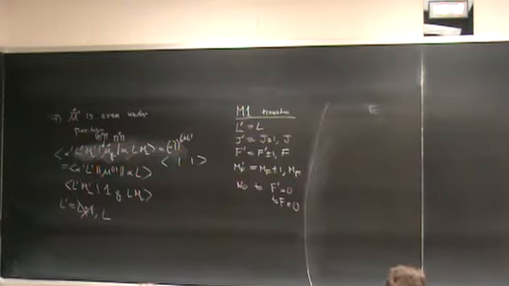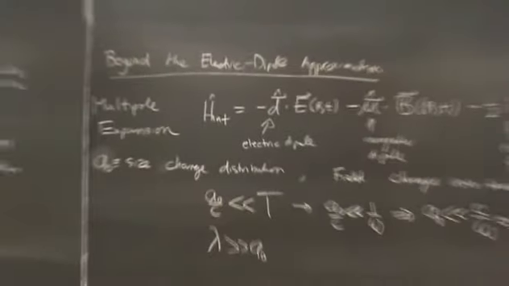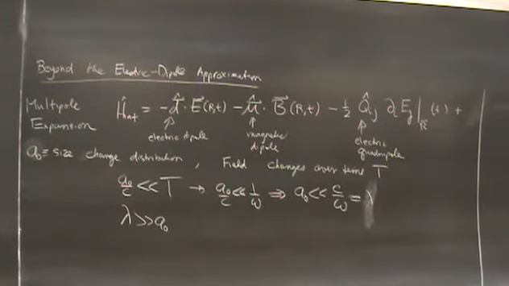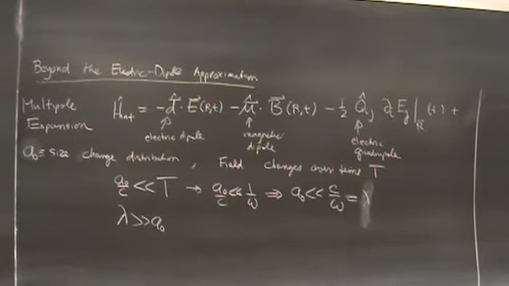It has to do with the fact that magnetic fields are kind of relativistic effects. I said the multipole expansion had something to do with how fast the charge distribution changes. Exactly, so let's see that explicitly. That's exactly the right intuition.